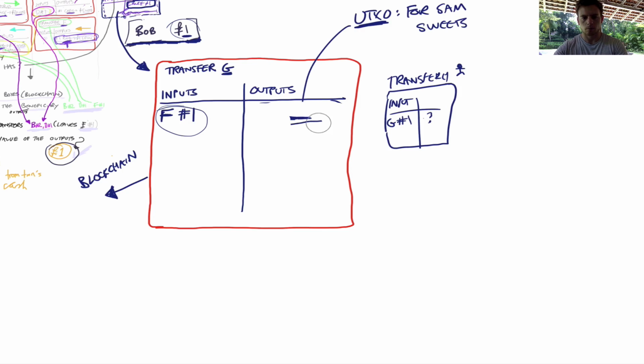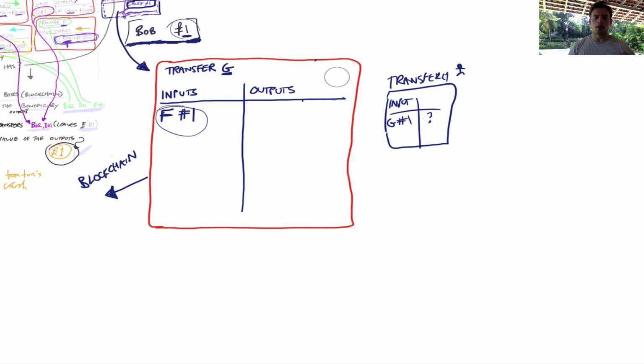I've got £1 worth of UTXO, and do you know what I'm going to do? I am going to just set a puzzle, and anybody out there who solves the puzzle wins this £1 worth of value, right?